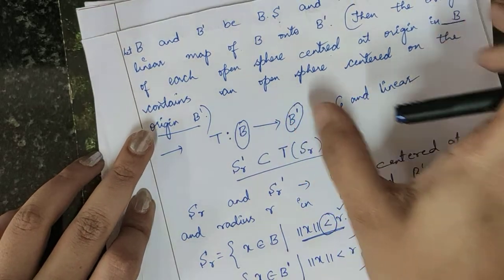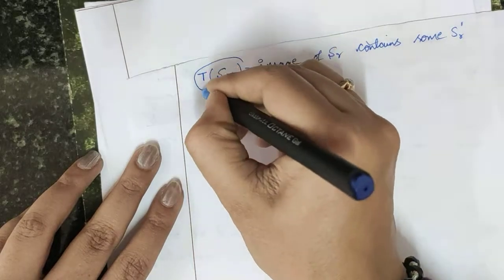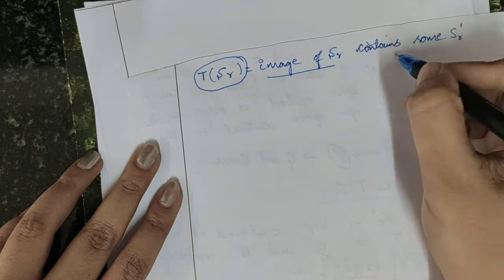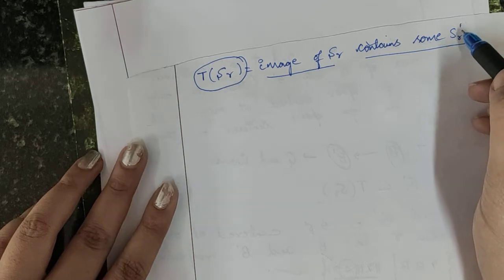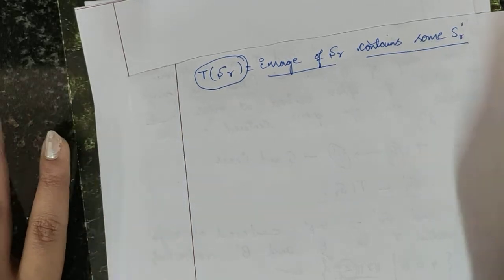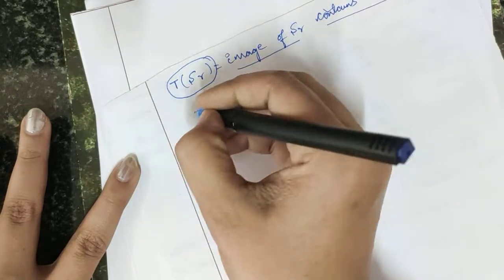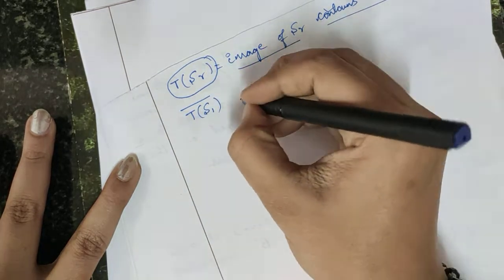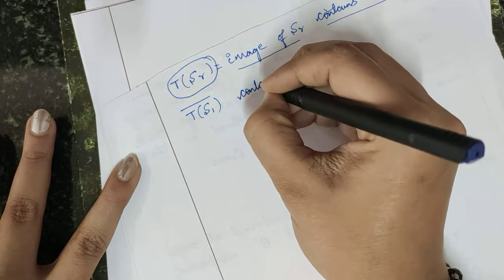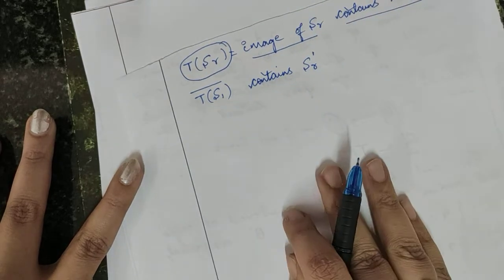So I am just writing this statement in this form. Here T of SR is nothing but the image of SR, which contains some SR prime. That means SR prime is the open sphere in B prime. So first let's prove that T of S1 closure contains SR prime.